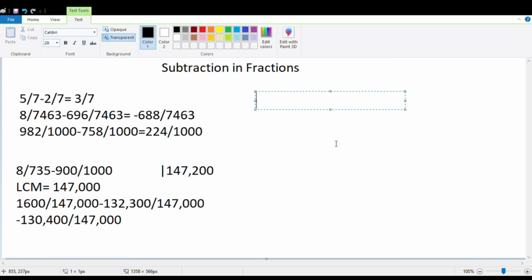So let's take it as 2 and 400 by 500, which is subtracted by 1 and 700 by 800.